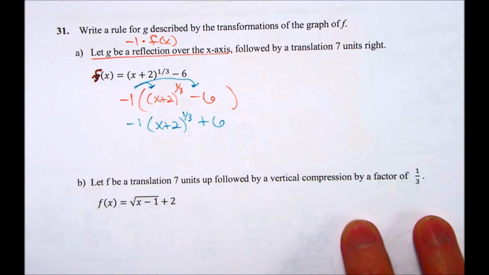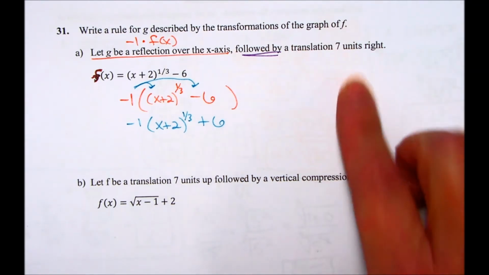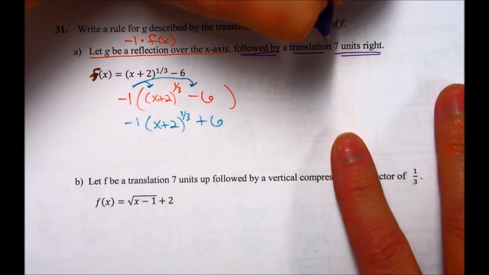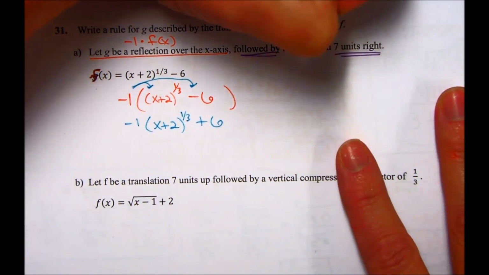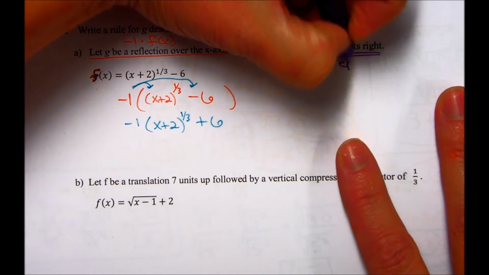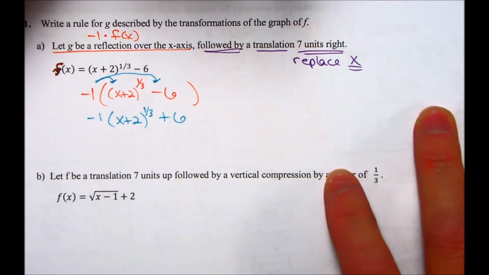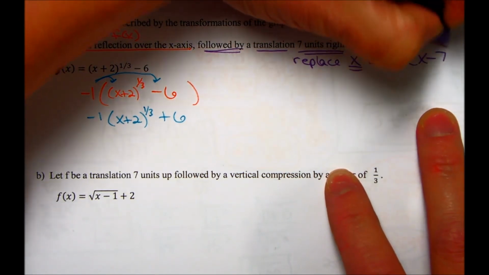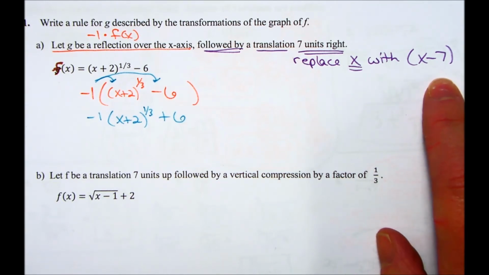Then it says followed by a translation 7 units to the right. So whenever you're doing a translation 7 units to the right, you're going to replace the x in your equation with x minus 7. So that will make the equation go to the right 7.